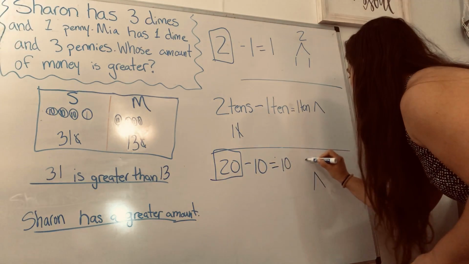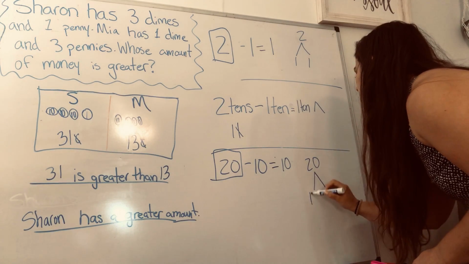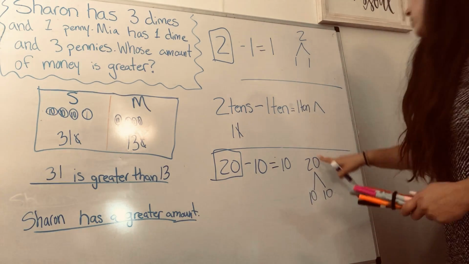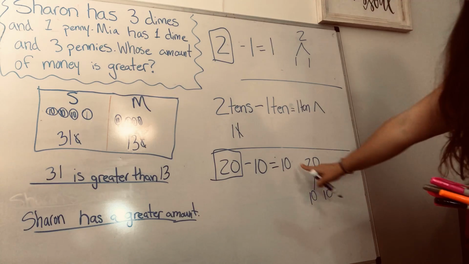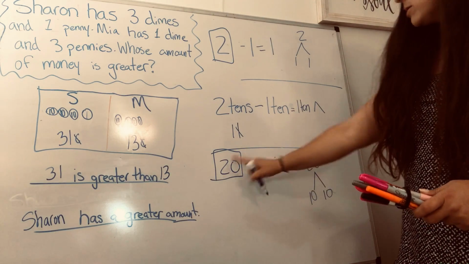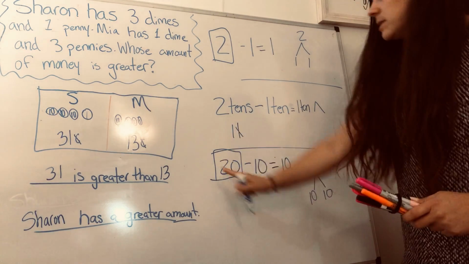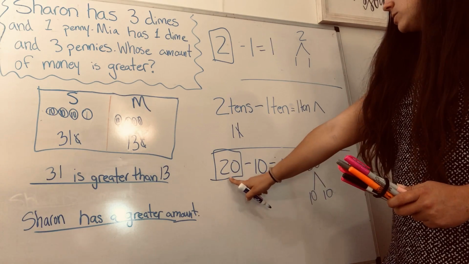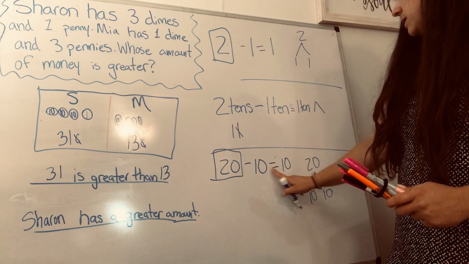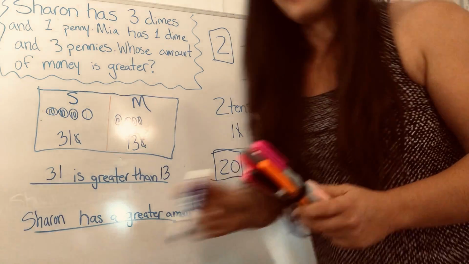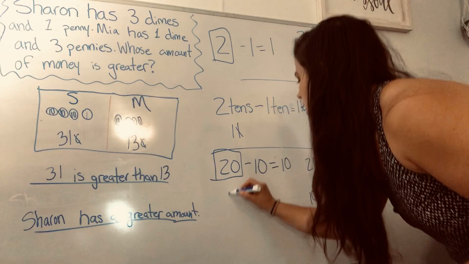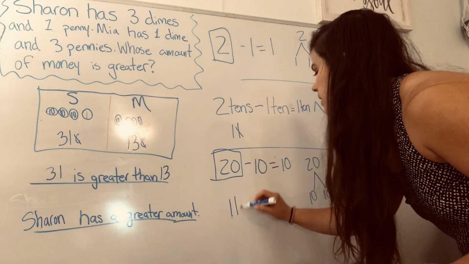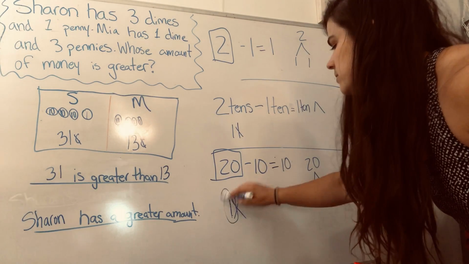So the whole number goes on top, and the parts go on the bottom. 10 plus 10 equals 20. Remember, we can do subtraction backwards as addition, and we should get the answer. 10 and 10 is 20. Or we do subtraction this way. 20 minus 10 equals 10. Again, having our 2 tens, 20 minus 10 equals 10.